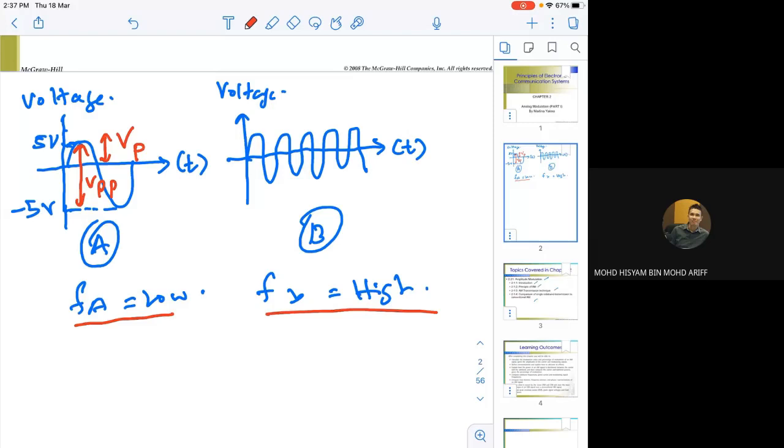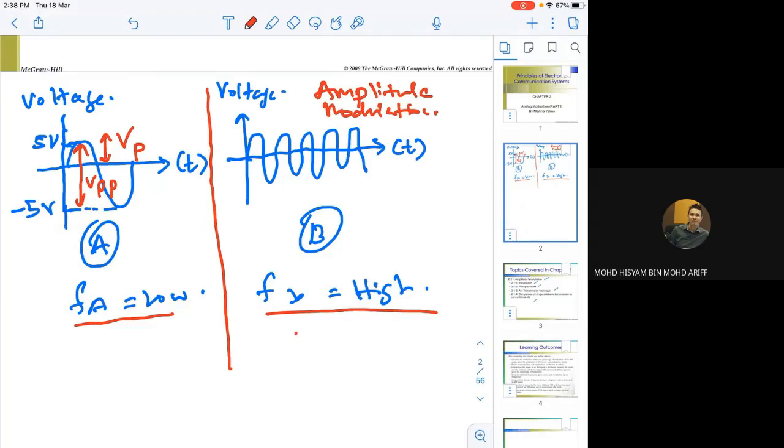Before we start, we got the mathematical equation. Normally for this signal for amplitude modulation, you should know something.